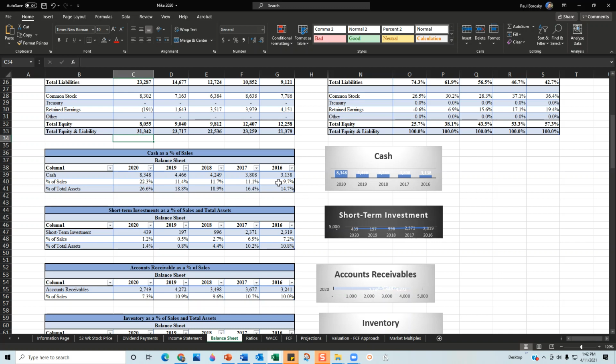This tells me that the organization is really hoarding a lot of cash, and that might not be the highest and best use. Do they really need $8 billion in cash in order to sustain operations, or could they be using that money to pay more in dividends, or reinvest in the organization for expansion? There are a lot of other things they could be doing instead of hoarding $8 billion in cash.